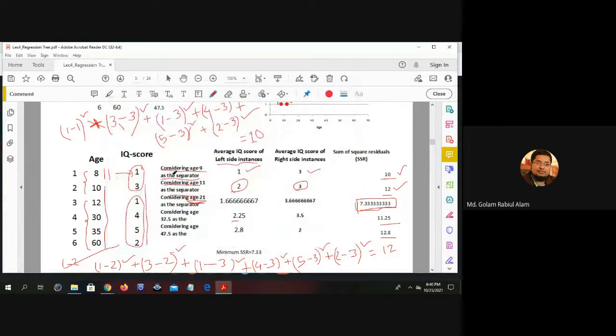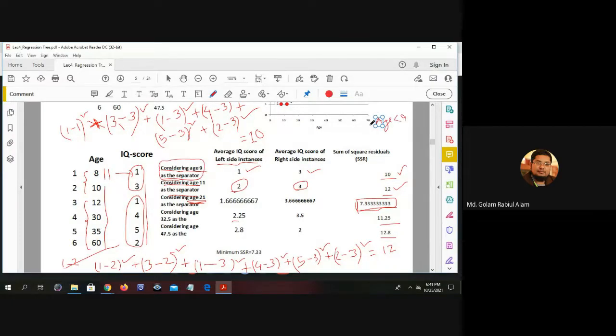Okay, now consider here. Considering 9 as the separator, or maybe splitter. So at first, if we consider 9 as the separator, you have to carefully see that procedure. Considering A as the splitter, that means we want to consider A less than 9.